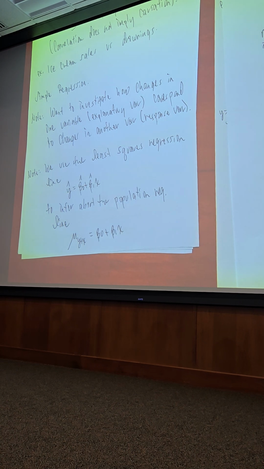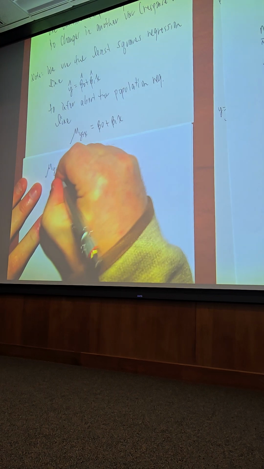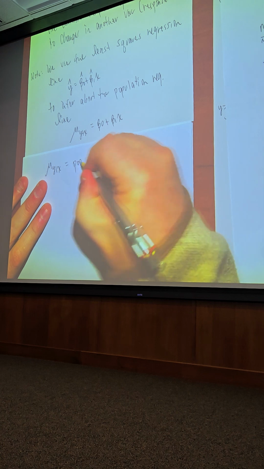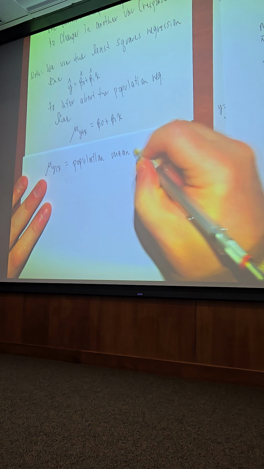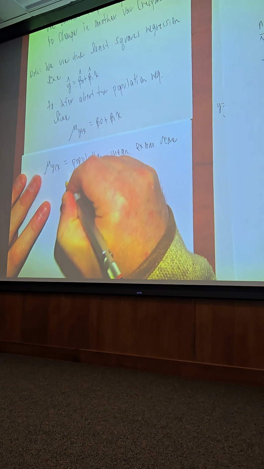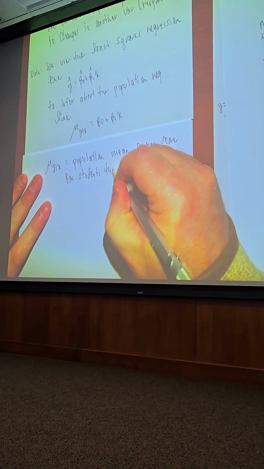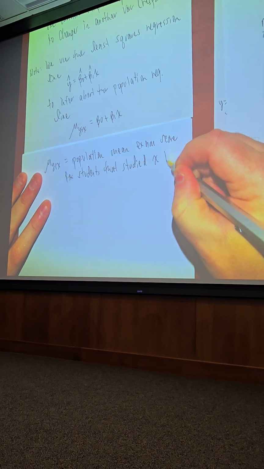So this is kind of where we're headed. So what is mu sub y given x? Mu sub y given x, in our current scenario, it's the population mean exam score for students that study X hours.